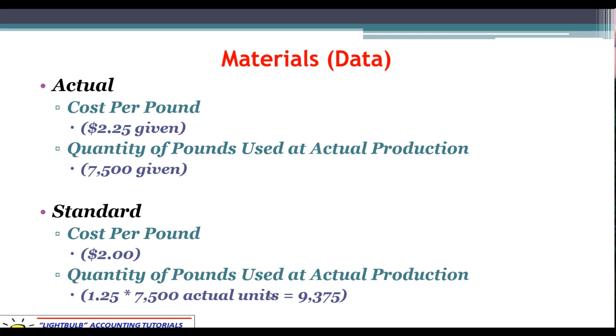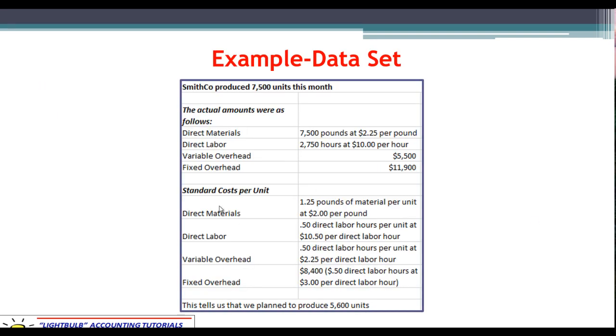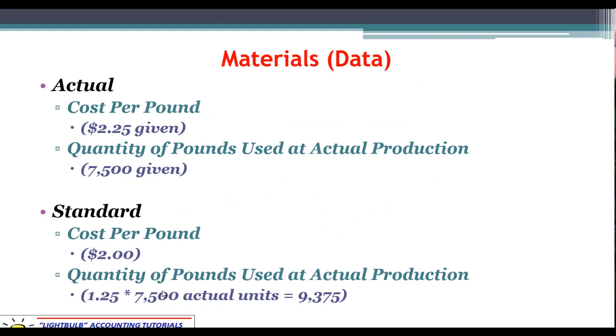So right away, we can see the difference between actual and standard cost, but we'll see that in a bit. Now we need to know the quantity of pounds expected at our production level. So for that, we have to look at the standard cost. We were supposed to use 1.25 pounds per unit, multiplied by 7,500 units, and that gives us 9,375 that we were expected to use.